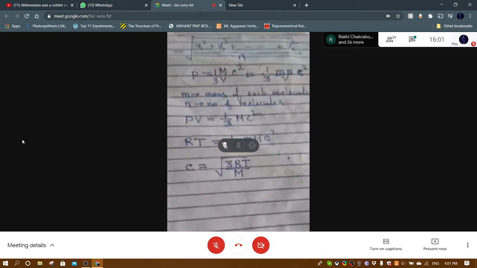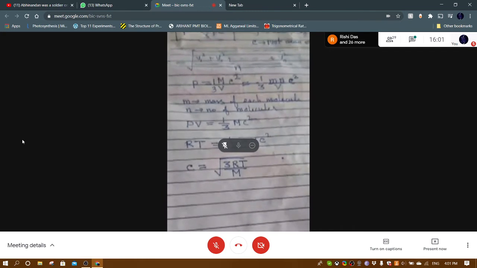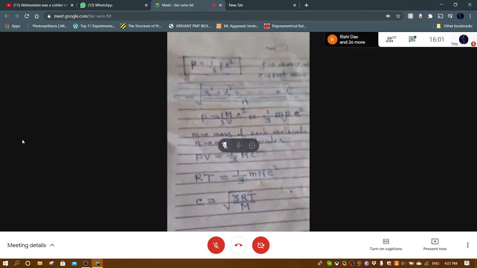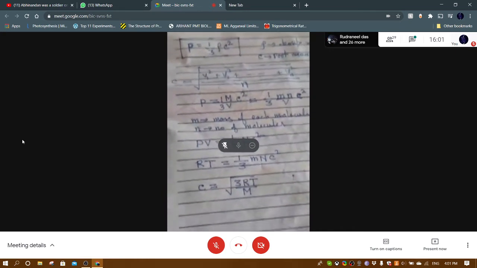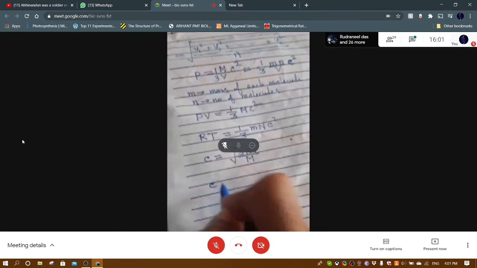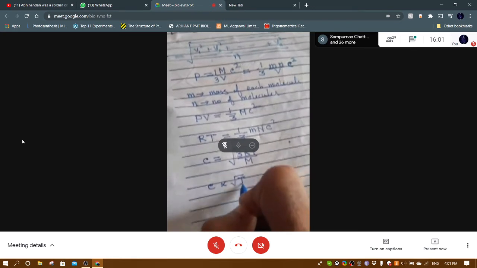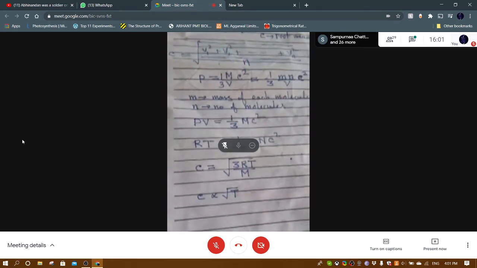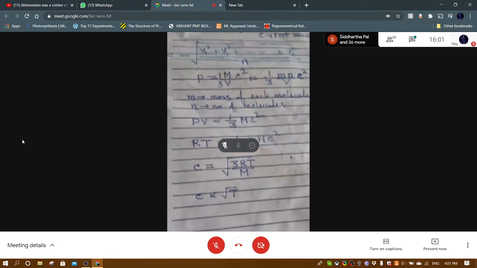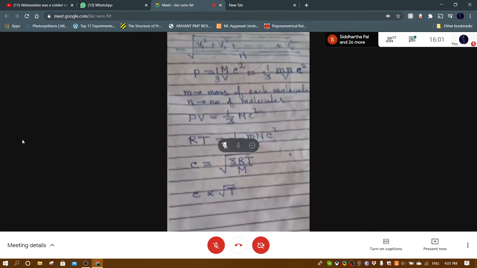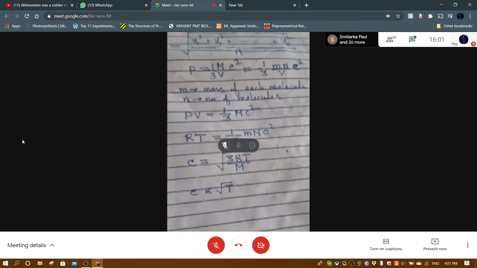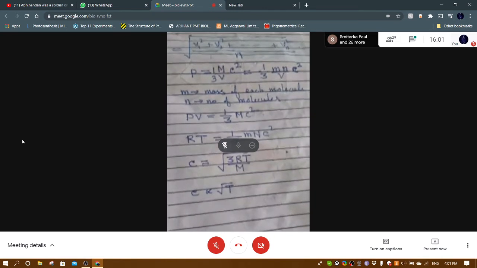Am I right? Capital M is fixed, R is fixed. That means what I can write is C proportional to root over of T. This is very important, for a given gas. Understood?